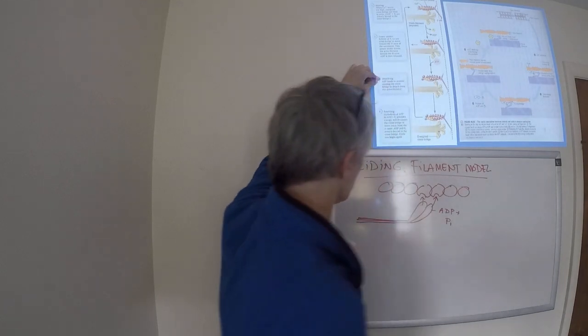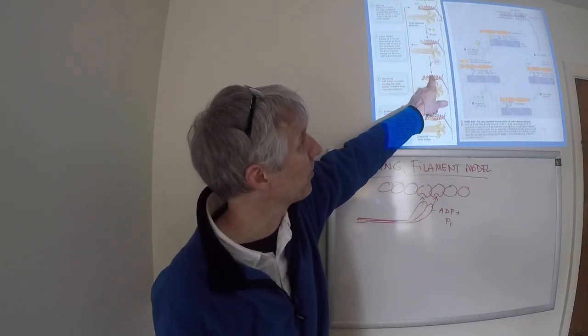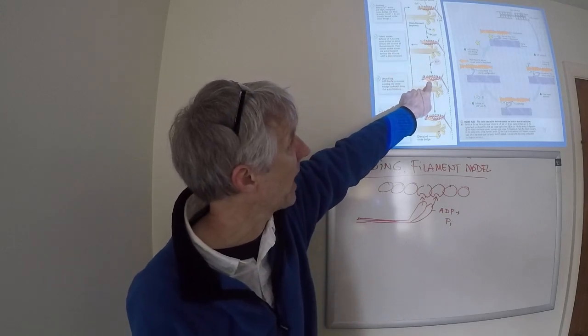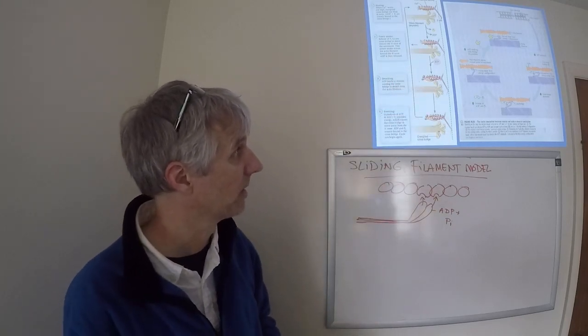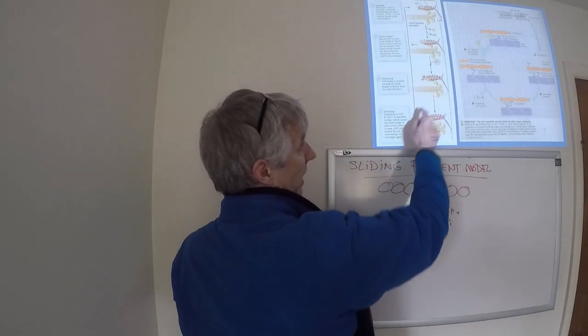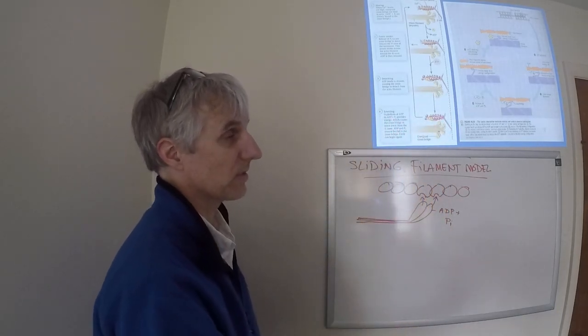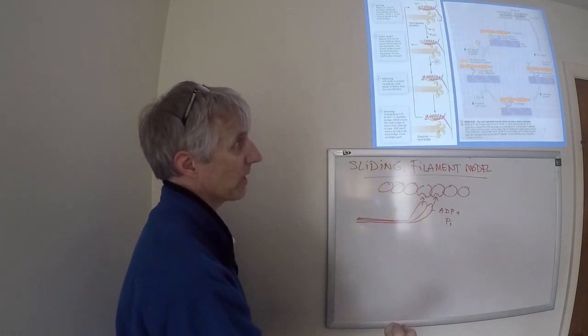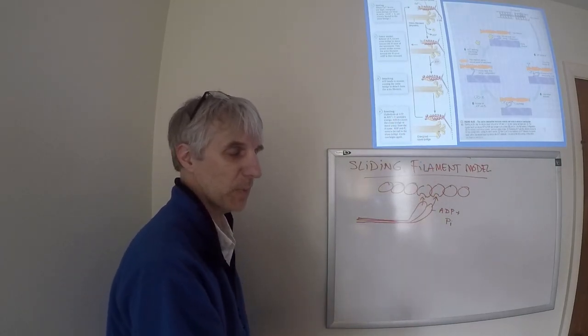Okay? So ATP binds and pulls the myosin head back off of the actin to detach it. Okay? And then we're going to reset it so that it can do another power stroke. Resetting just means hydrolyze the ATP.